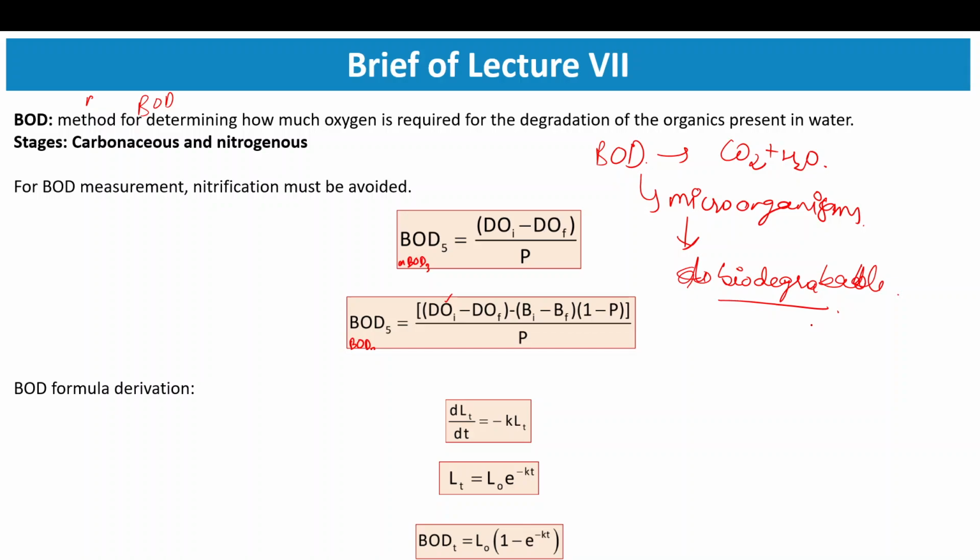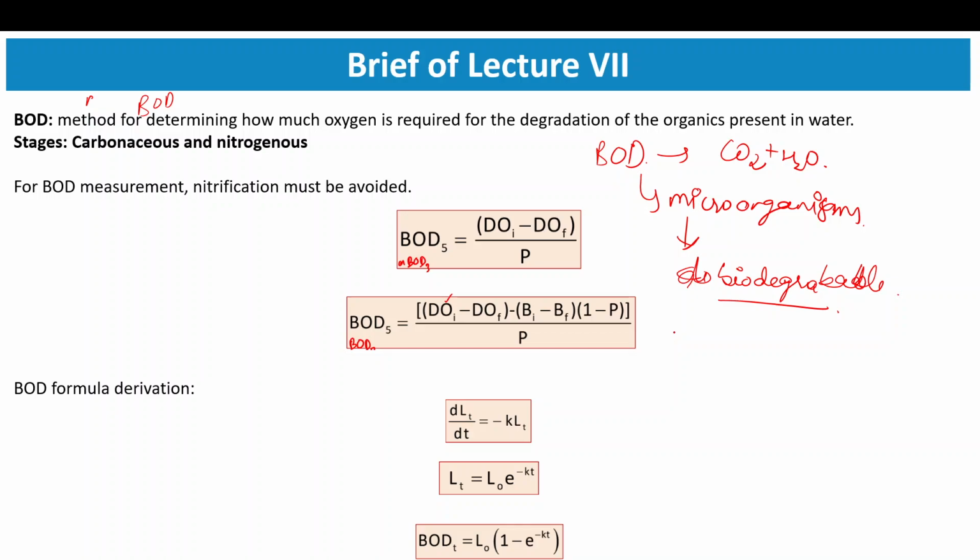So biodegradable means it can be naturally degraded. We do not need any specific treatment or any special chemicals or special oxidizing agent to convert them, right? If we add microorganisms, they can degrade them. So we can reduce the toxicity of these organics, right?